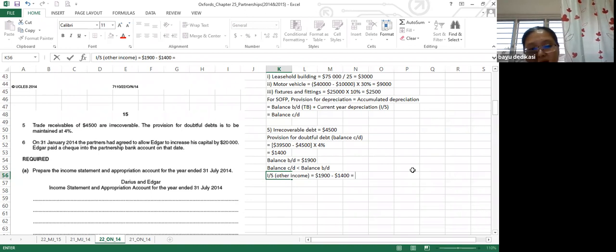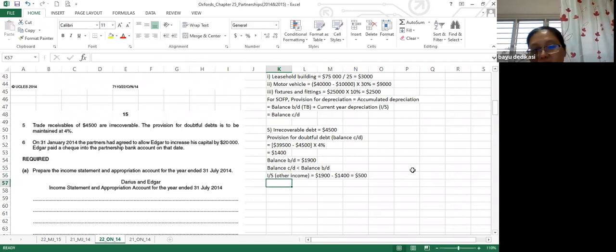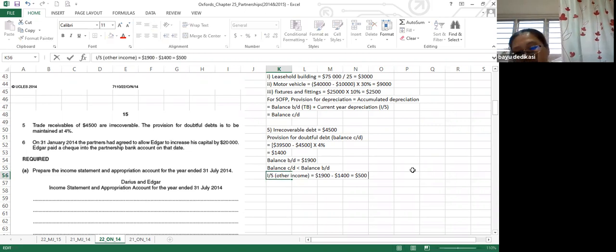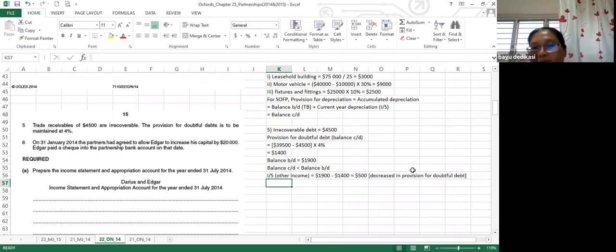You have other income 500. This one is decrease in provision for doubtful debt. Okay, so far clear about this?